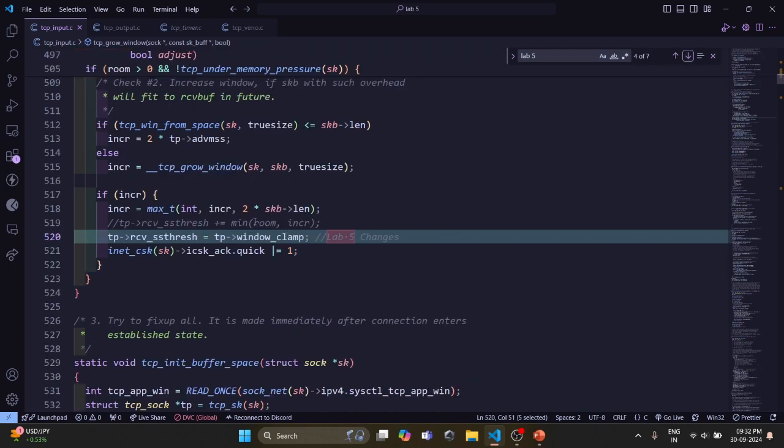Then instead of sending the minimum value, we directly send the window clamp value.